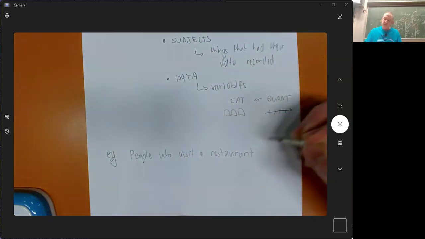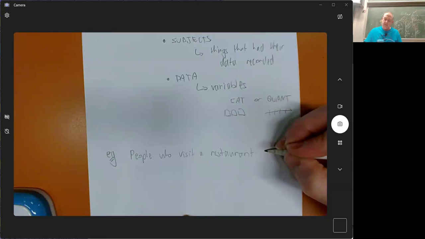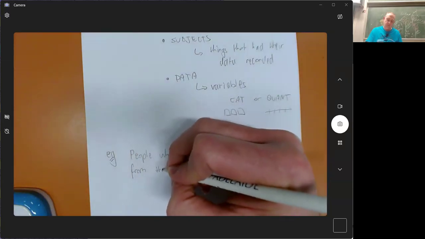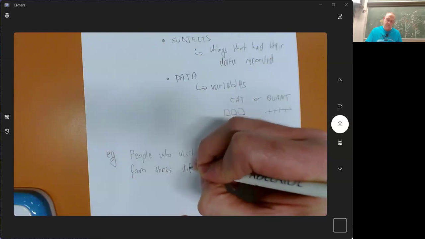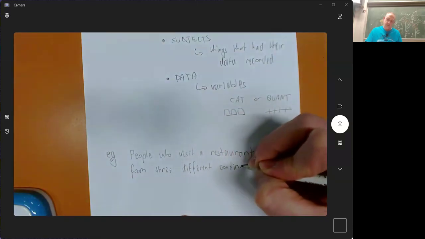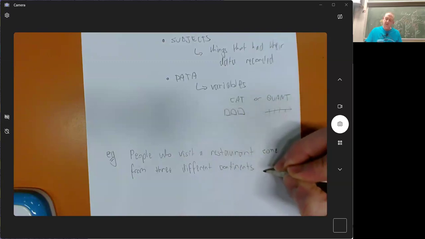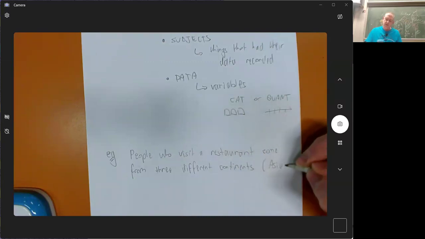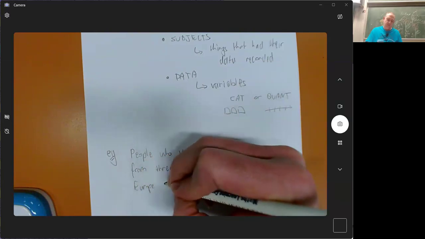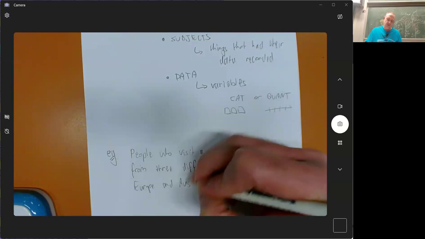People who visit a restaurant come from 3 different continents: Asia, Europe, and Australia.